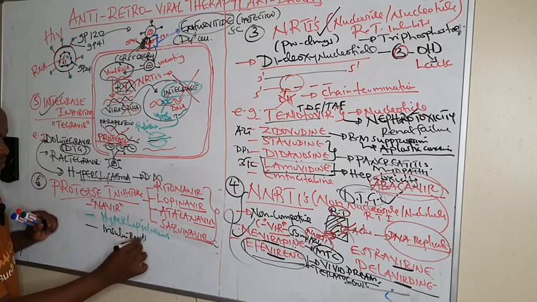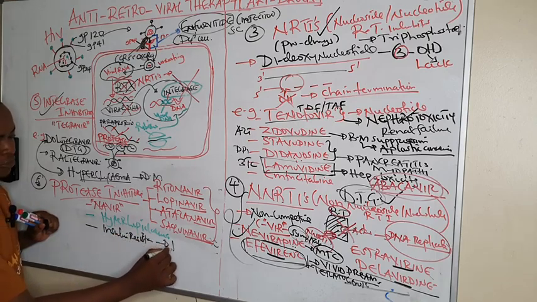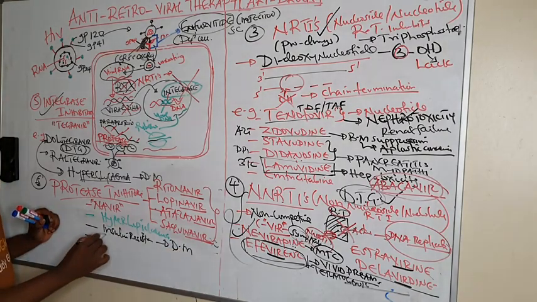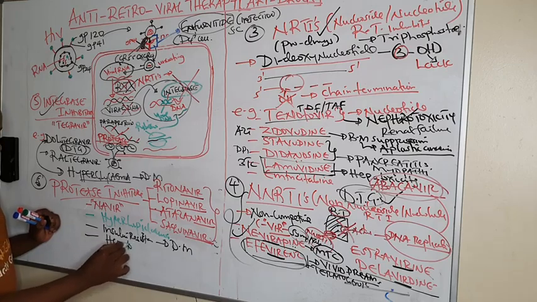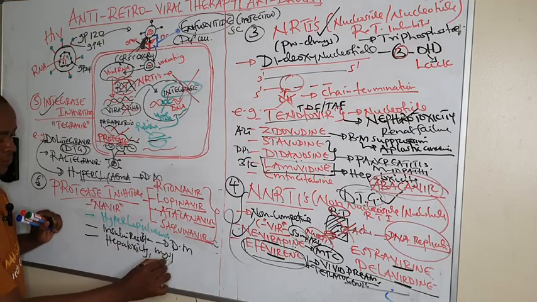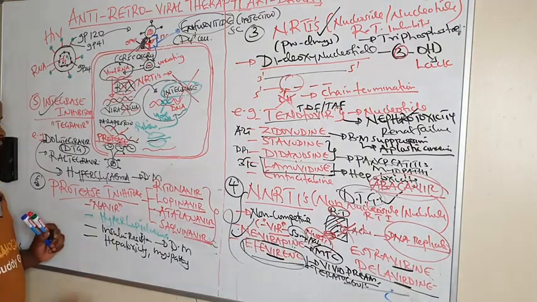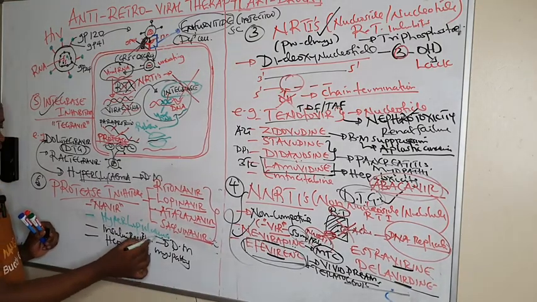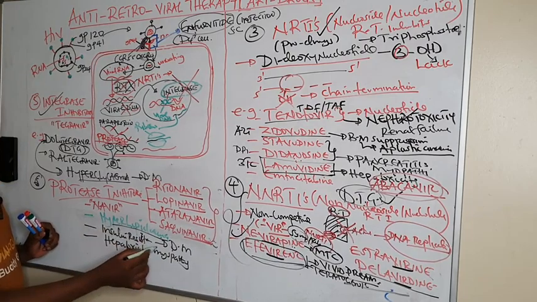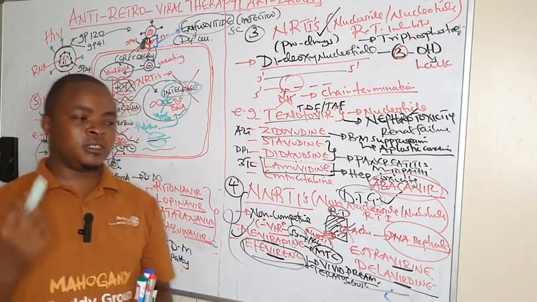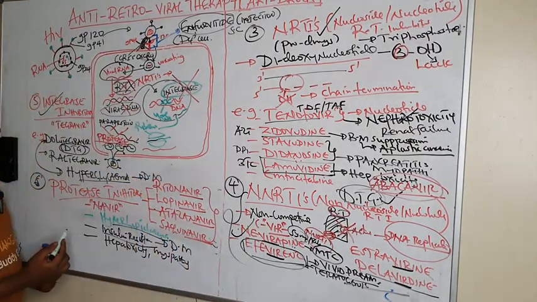And because of insulin resistance, they can end up causing diabetes mellitus. Another thing they can do is they also cause hepatotoxicity, and they can cause myopathy and rhabdomyolysis. So these are the side effects, majorly hyperlipidemia and hyperglycemia due to increase in insulin resistance.